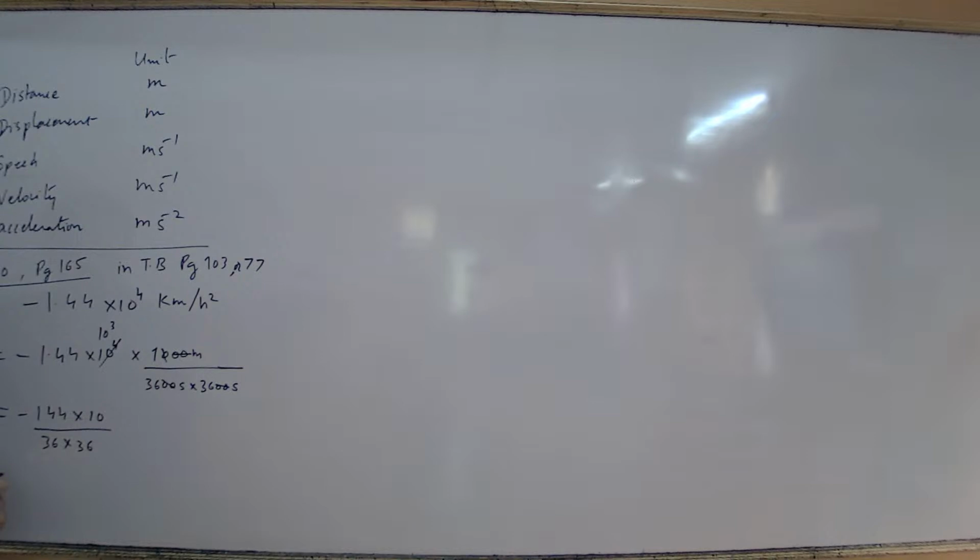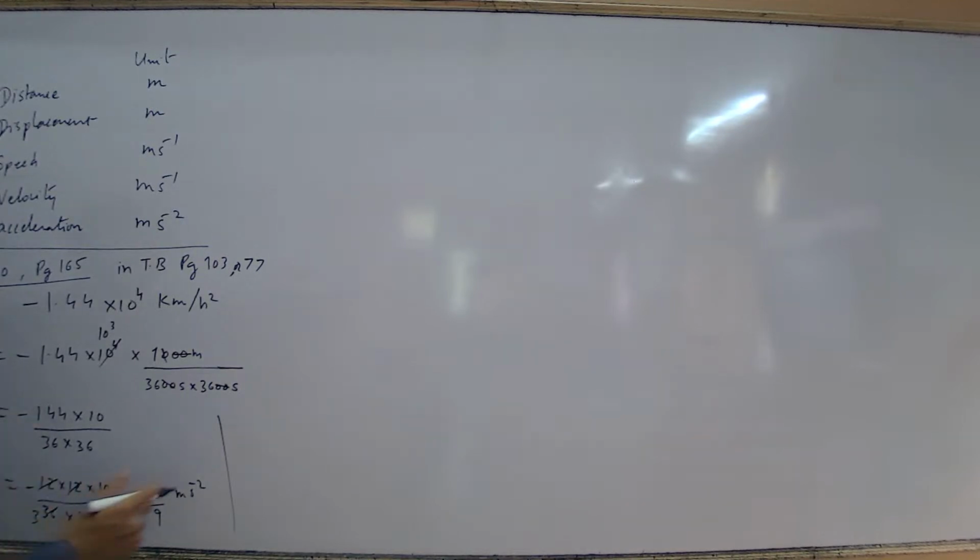This can be written as what? 2 decimal places are absorbed by the 100. What remains is 10. So what is 144? 12 into 12, right? Yes. What do you get now? 12 3s are 36. This is how you should simplify and do the calculation. So this is 10 by 9 meter per second square.